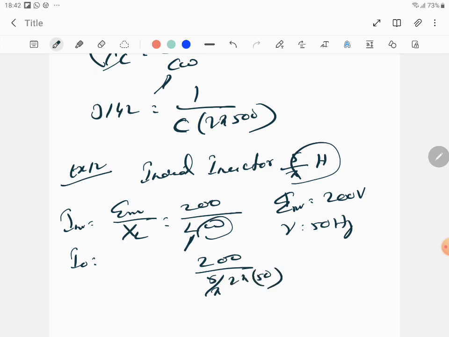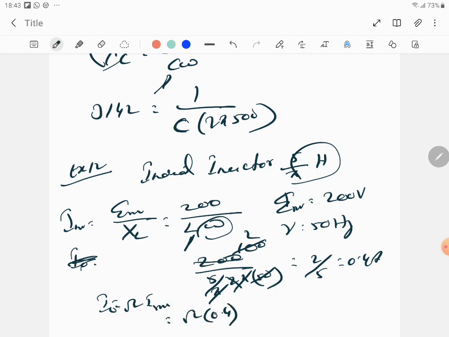Then this will become 100 and this will become 2, so it's 2 by pi, and pi gets cancelled. 2 by 5, which is 0.4 amps. So thus we get IRMS. What else do they want? I naught is root 2 times IRMS, since IRMS is I naught by root 2. So root 2 into 0.4.